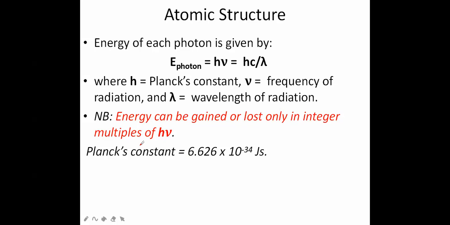As this photon is giving out energy, we relate that energy, or change in energy, to what we've already done in the previous slide, where h is Planck's constant, v is the frequency of the radiation, and lambda is the wavelength of the radiation. So this slide is emphasizing the sum of the two slides that we've already seen.